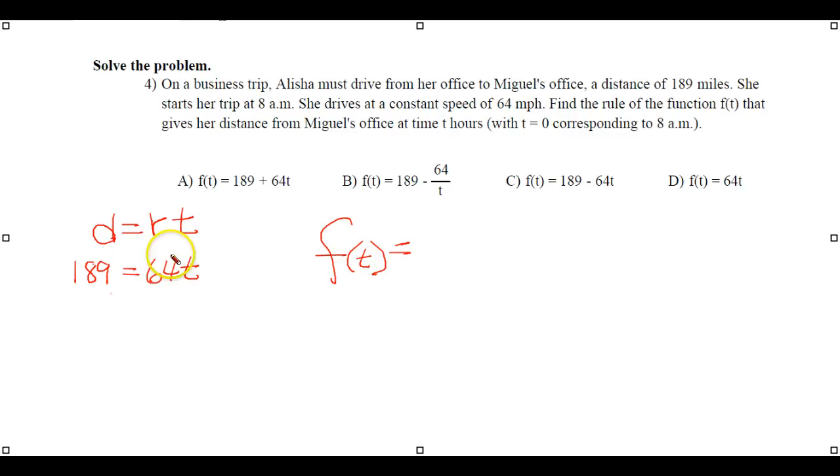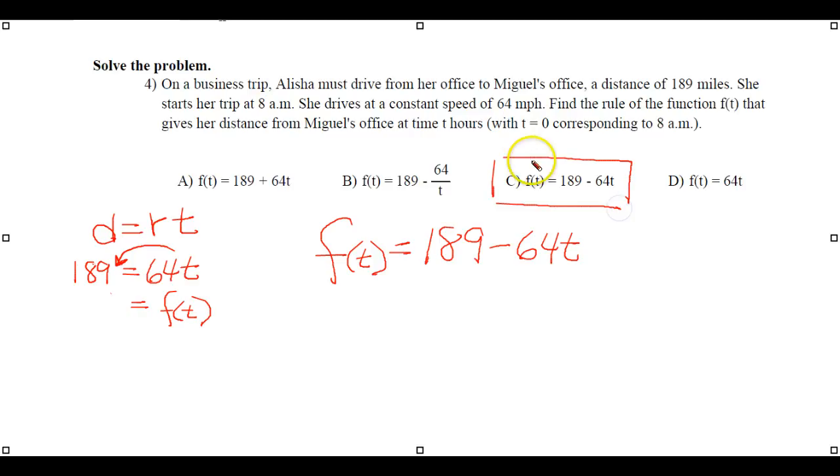So if we bring this over to this side, and we substitute then on this side f of t, which is this, we then get 189. And when we bring this over, it becomes a negative 64t, which is letter C.